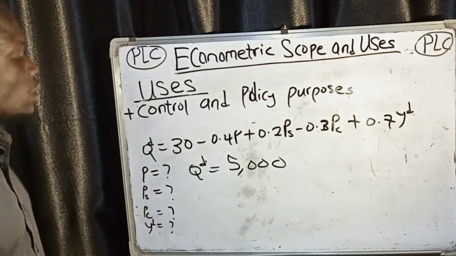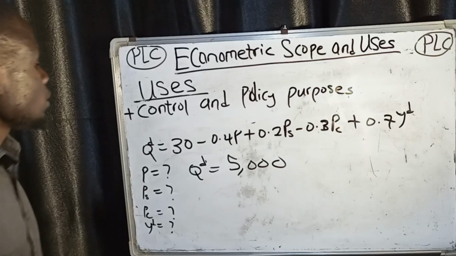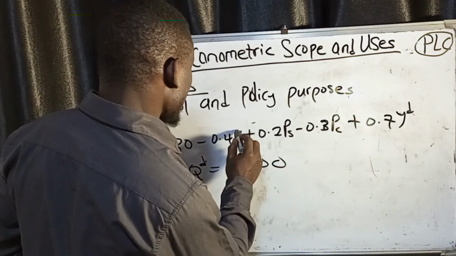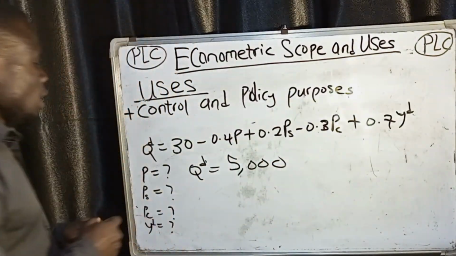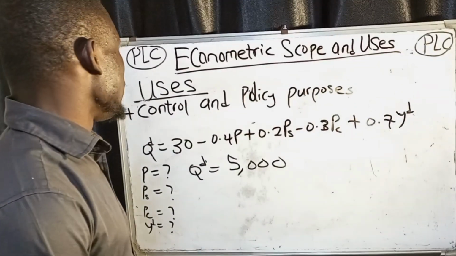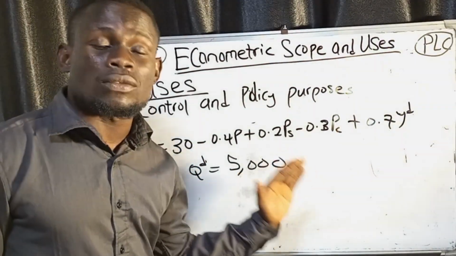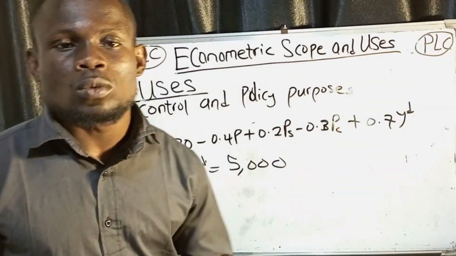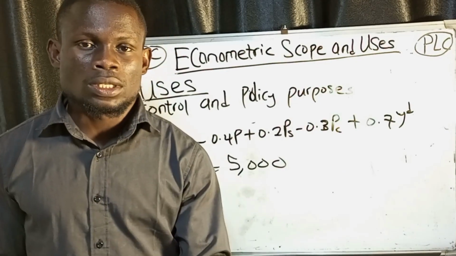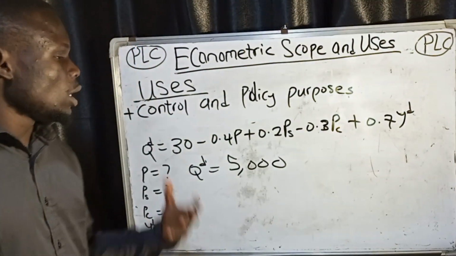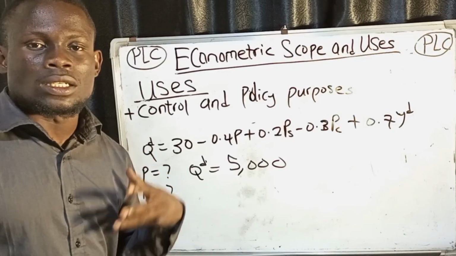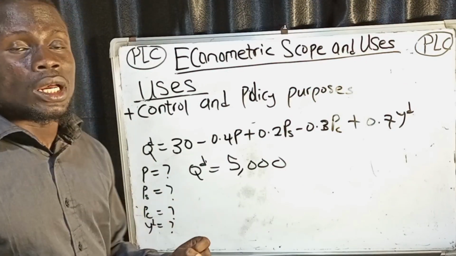And what does this imply? Let's say we discover that if our quantity demanded is 5,000, then the economy will operate at full employment. That is, our unemployment rate will be at the barest minimum. There won't be an unemployment problem.